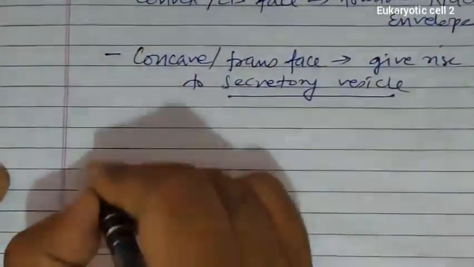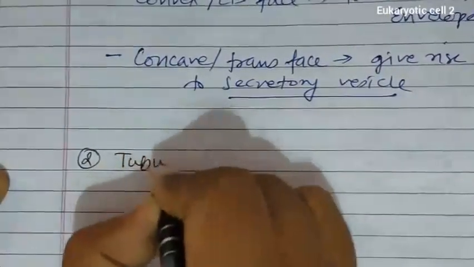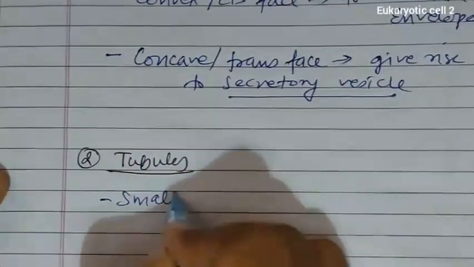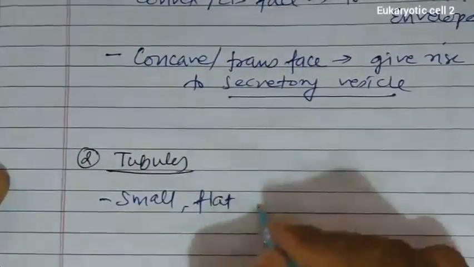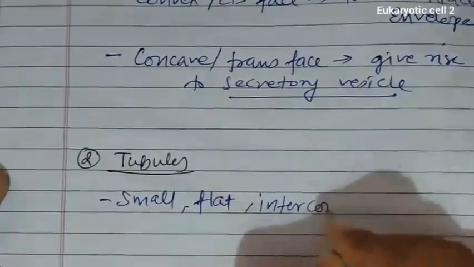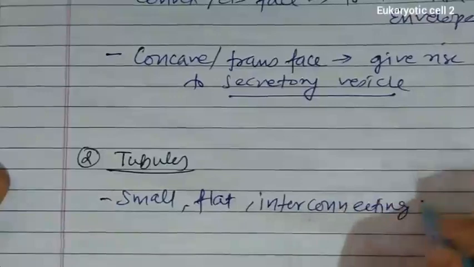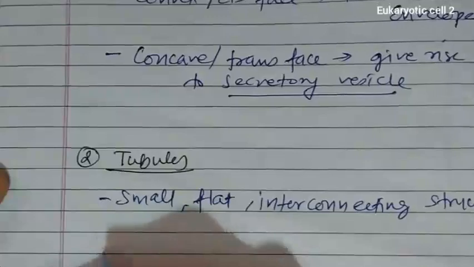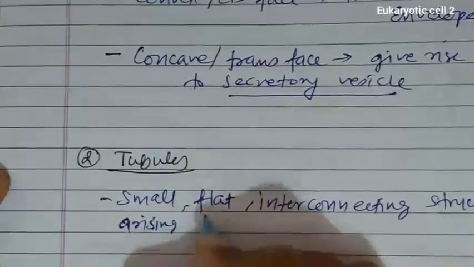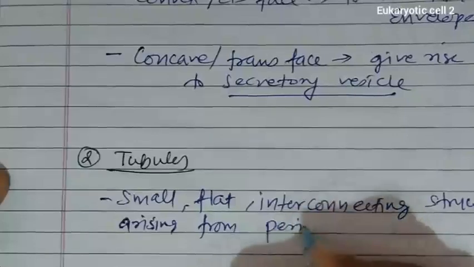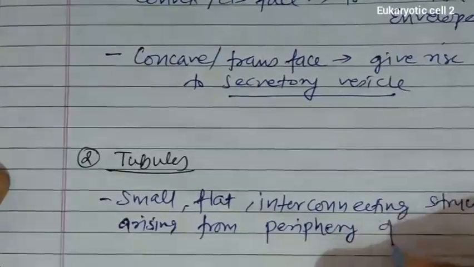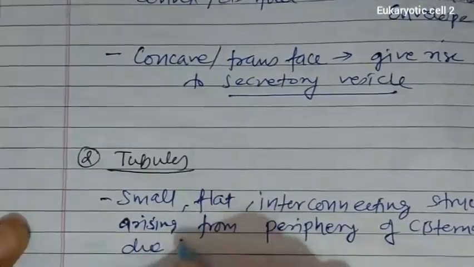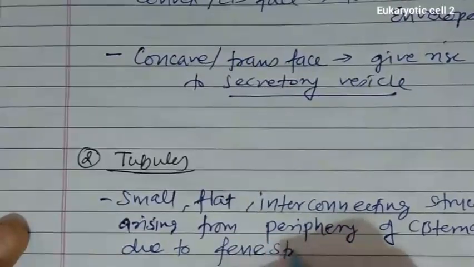Now the second structure is tubules. Tubules are small, flat, interconnecting structures arising from the periphery of cisternae due to fenestration.